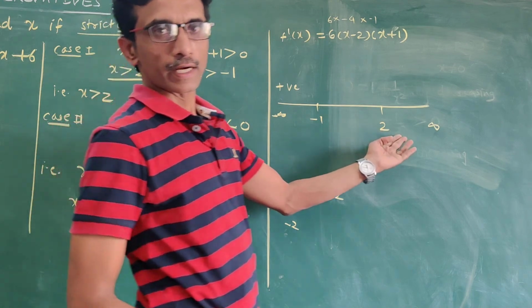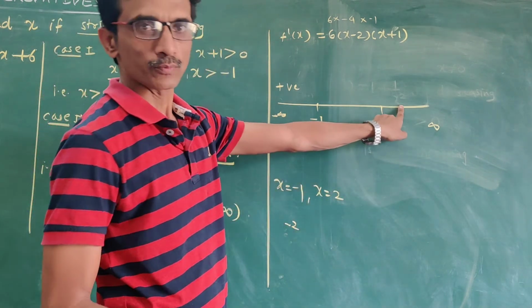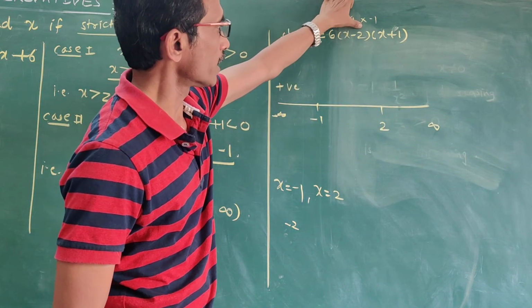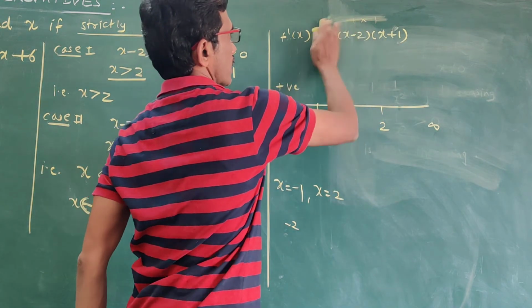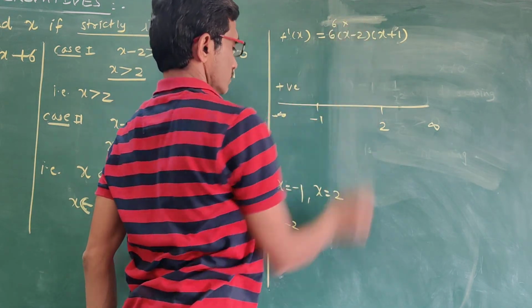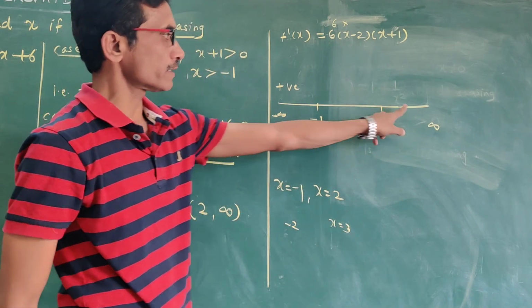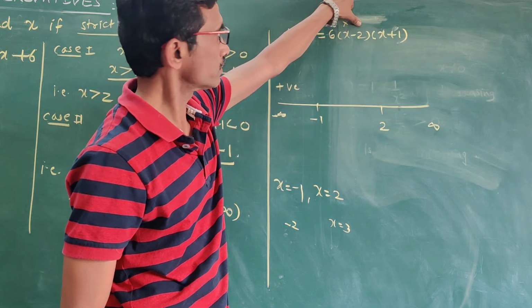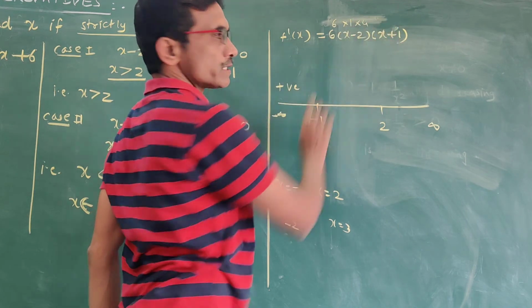अगर आपका x greater than 2 है, see for x greater than 2, suppose 3, we are taking 3, यहाँ पे 3 लिया हमने, so 3 minus 2 is 1, 3 plus 1 is 4, 1 into 4, clearly it is positive.